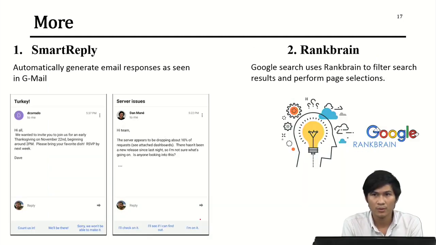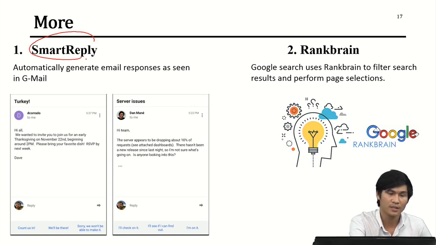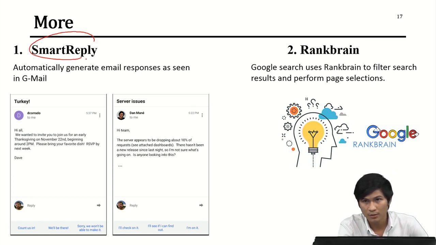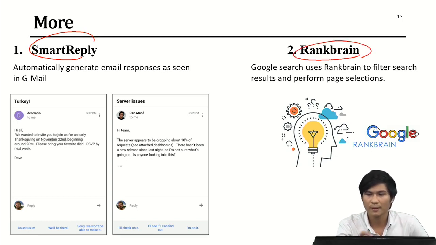In addition to the applications that we have mentioned so far, there are other applications regarding text classification and text recommendation, like an application called Smart Reply, which automatically generates email responses, as we have already seen in Gmail. And we have the rank.